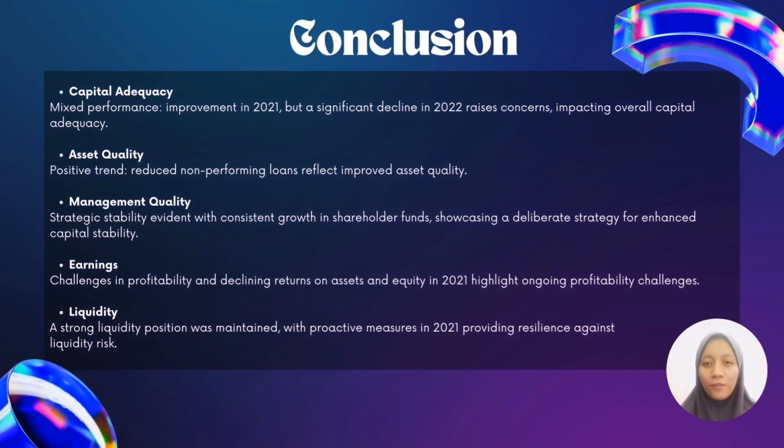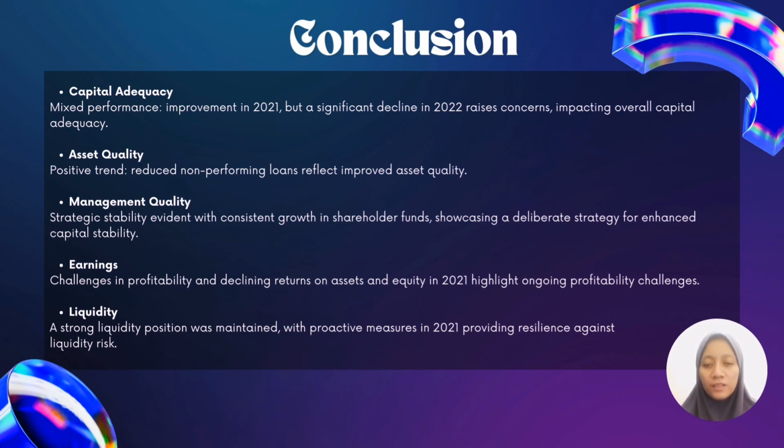For HSBC Bank of America Malaysia Berhad, through the CAMEL framework, the analysis reveals a mixed performance. While there were positive trends in asset quality and strategic stability, highlighted by reduced non-performing loans and consistent growth in shareholder funds, challenges surfaced in capital adequacy and profitability. The improvement in the risk-weighted capital ratio in 2021 was offset by a significant decline in 2022, raising concerns.